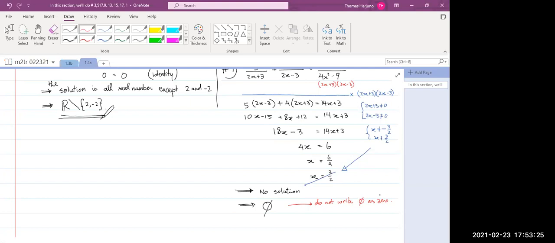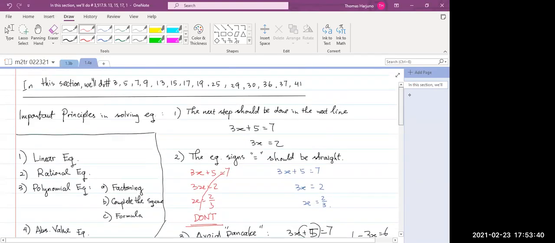This means empty set. It's actually not 0, it's capital O that you slash. That's empty set. Empty set means the question has no solution.